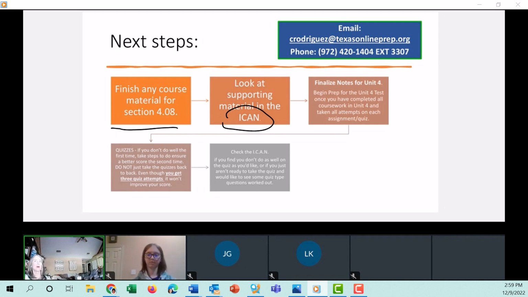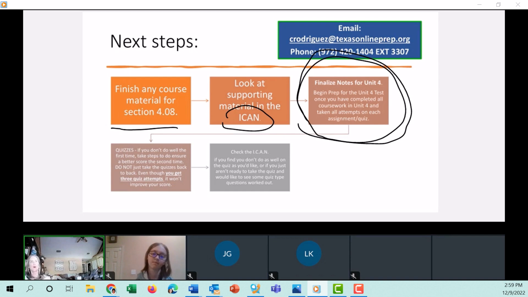I'm not sure if I'm going to let you turn those in for extra credit yet because there's been too much struggle about how to do it. You should be taking notes in your own handwriting on paper. That is how the brain connection makes things stick. Okay? Quizzes. If you don't do well the first time, take steps to do better the second time.